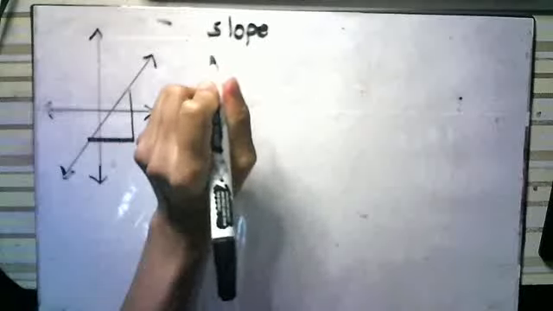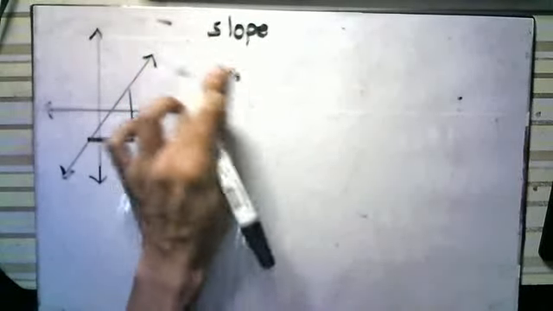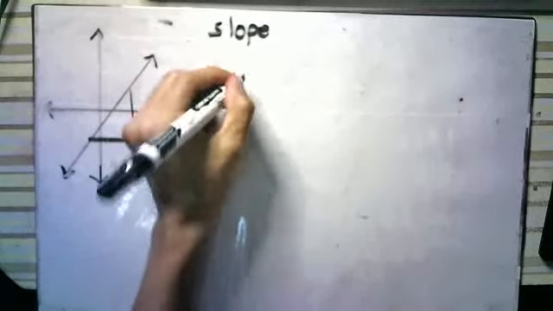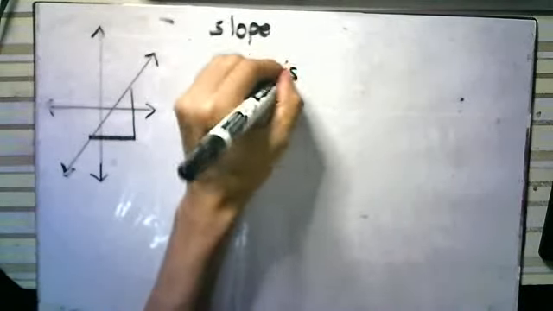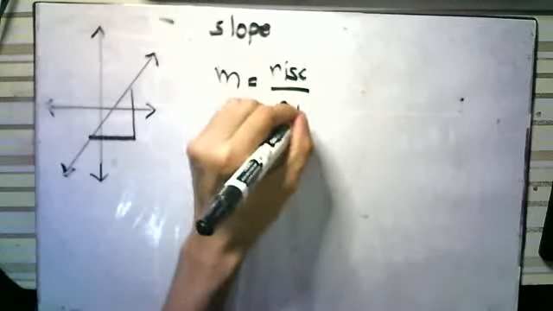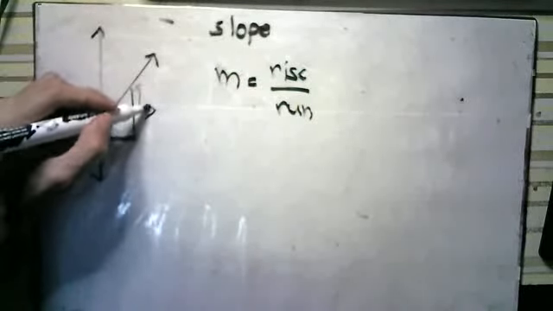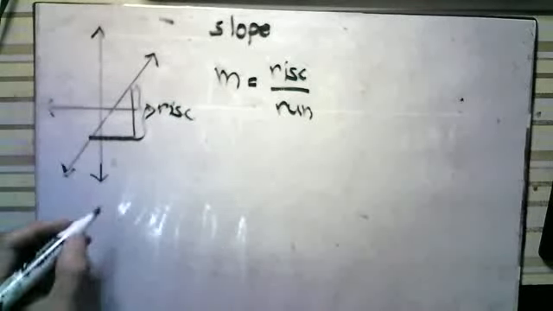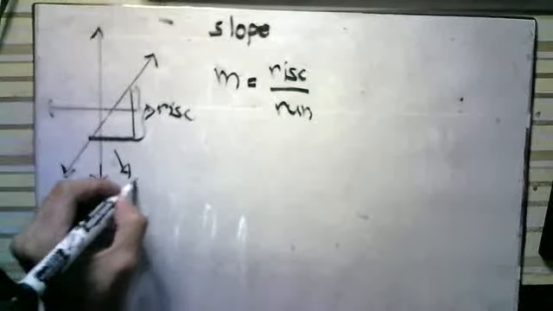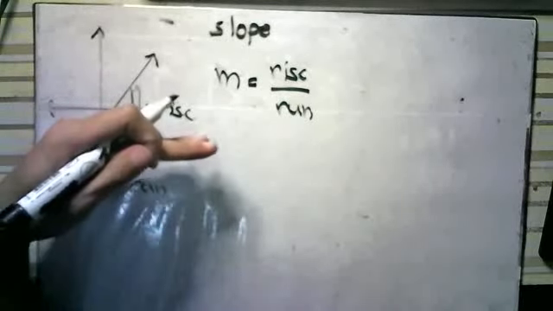In order to find the slope, represented as m, that will be equal to rise over run. So ito po yung rise. This is your rise. And this part will be your run. Rise, pataas, run, patakbo.